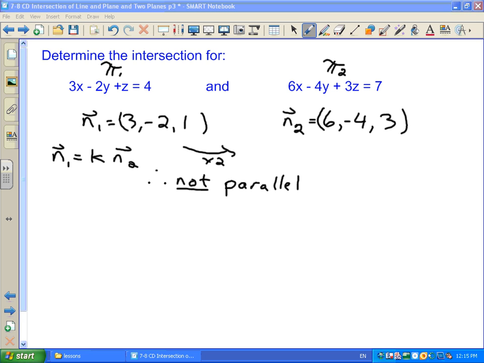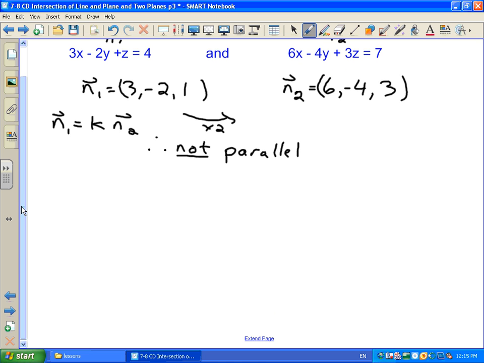And remember, what we're looking for are the parametric equations. We want an expression for x, an expression for y, and an expression for z.